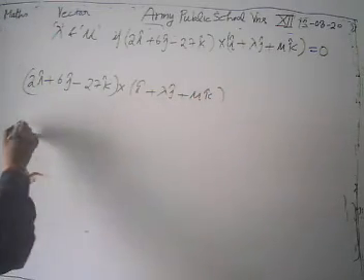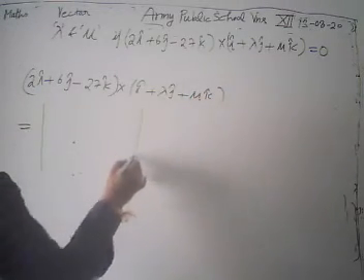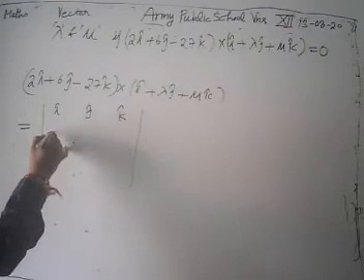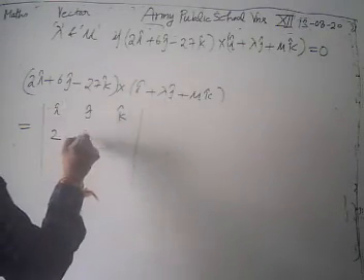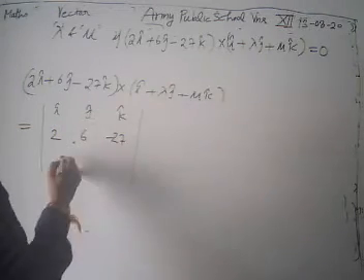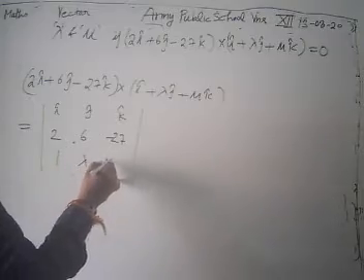In determinant form we put i cap, j cap, k cap, then 2, 6 and minus 27, and 1, lambda and mu.